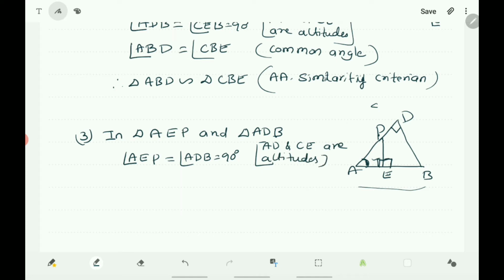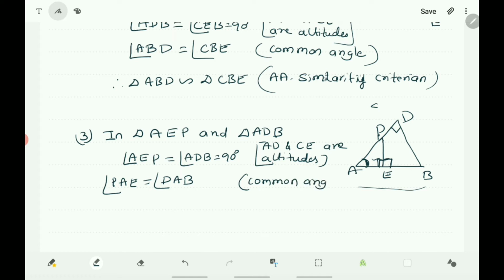Common angle is there, that is angle A. Angle A is the angle of triangle AEP and also the angle of triangle ABD. So you can write angle PAE for triangle AEP, and angle BAD or DAB for triangle ABD. As the reason you can give common angle.